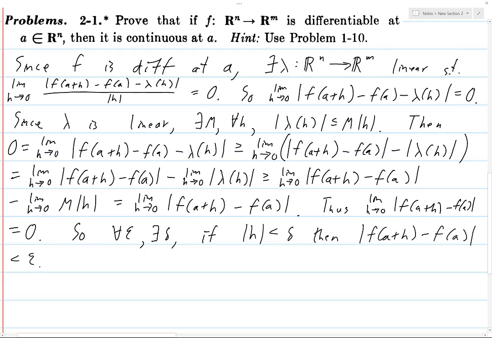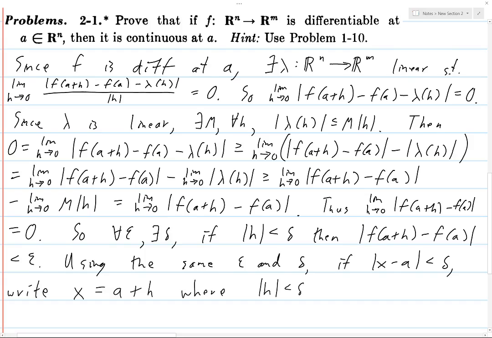Alright, so given epsilon, using the same epsilon and delta, if the distance from x to a is less than delta, then we can write x equals a plus h, where the size of h is less than delta.